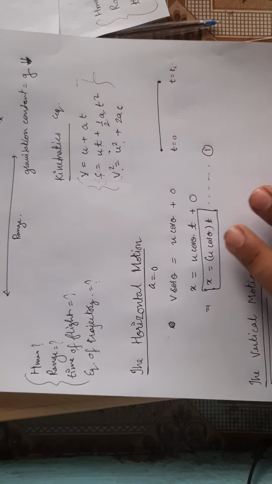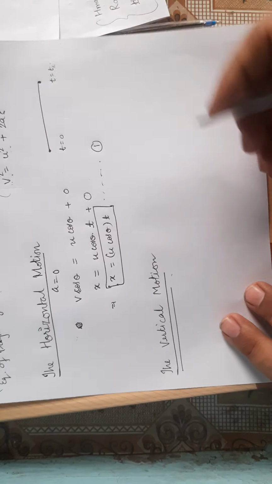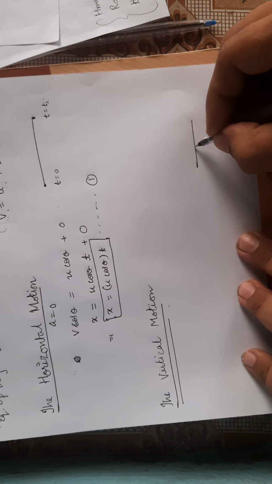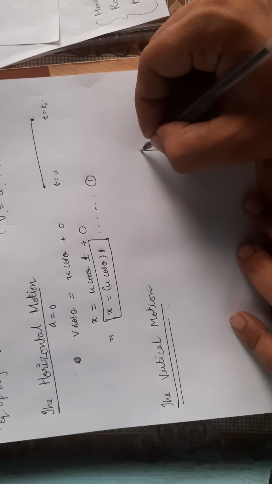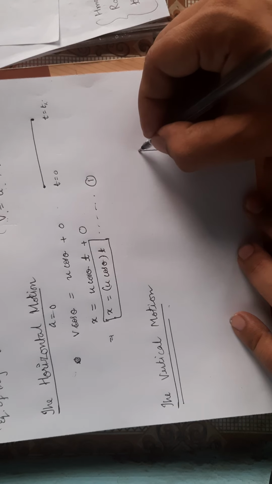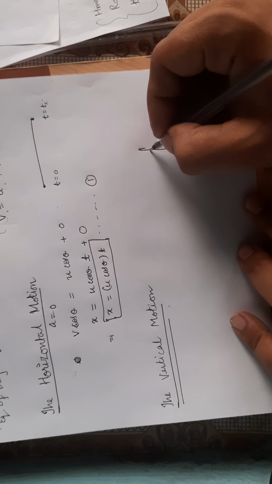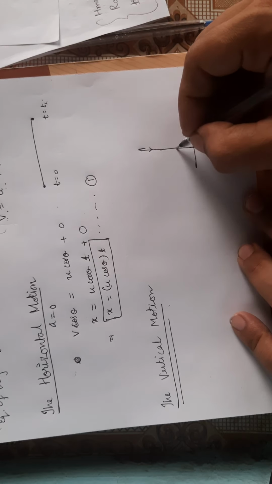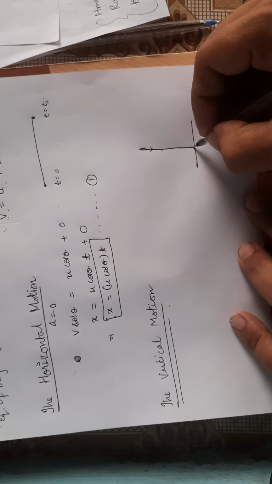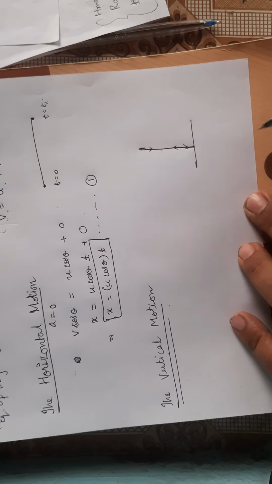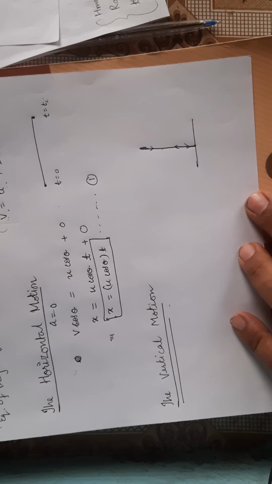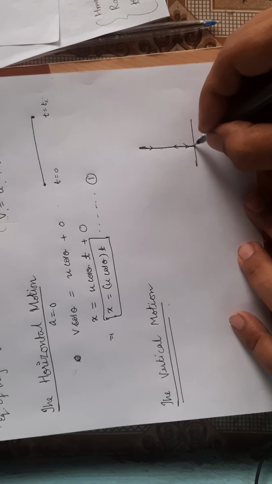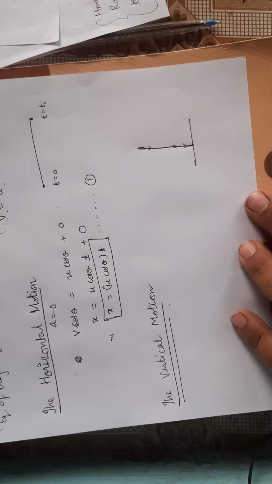And the vertical motion is described as the particle starts from this point going upward, reaches some maximum height, and again comes backward along this path also. So the initial position and final position of the particle in vertical motion are the same.